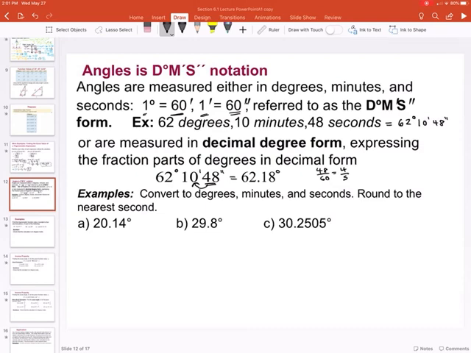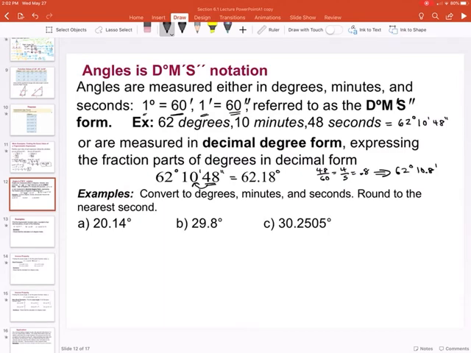It's 4/5, which is 0.8 as a decimal. So right now, that implies we have 62 degrees and 10.8 minutes. I've taken my seconds and converted them over to minutes. It gives me 0.8 as I reduce it.